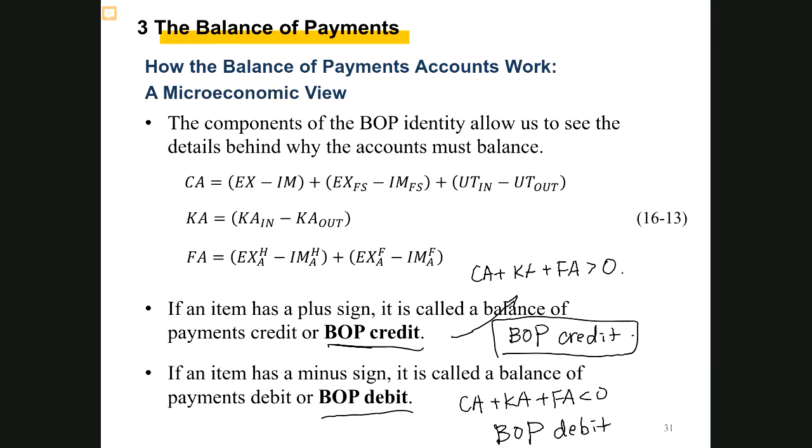Okay, so the most important things you need to know in this chapter are, first, the different measurements of the national account. Accounting means you need to know a lot of terms in a national account.